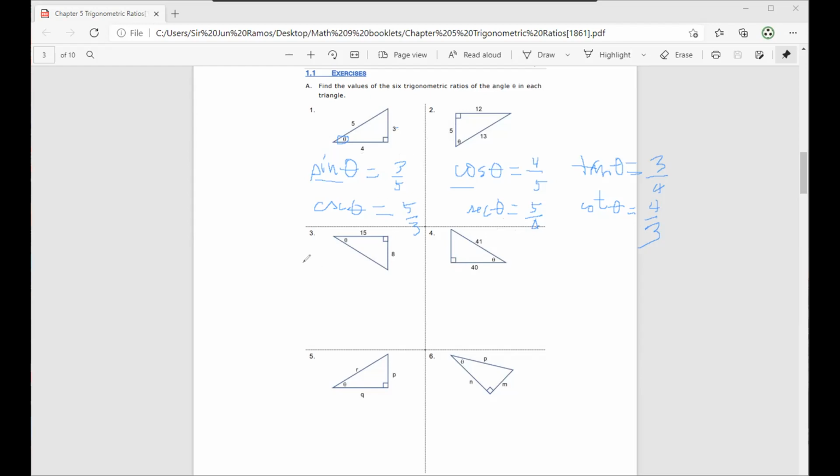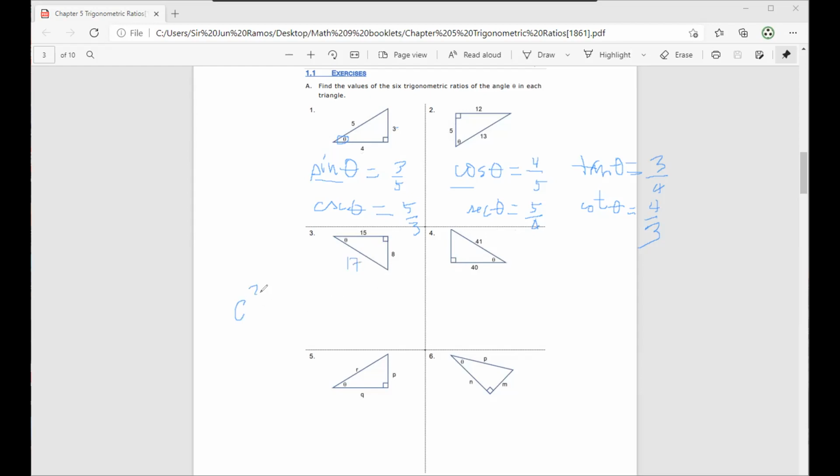And for number 3, you need to get the hypotenuse. So if you recognize that 8 and 15 are two parts of a primitive Pythagorean triple, the next one here should be what? 17. Or you can use the Pythagorean theorem.